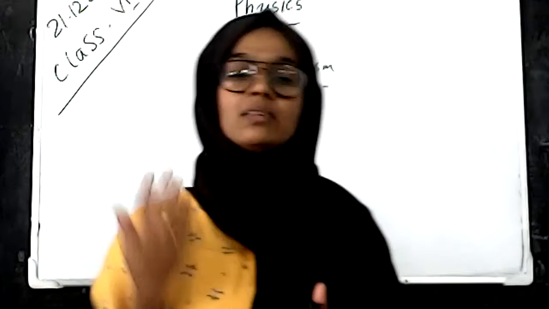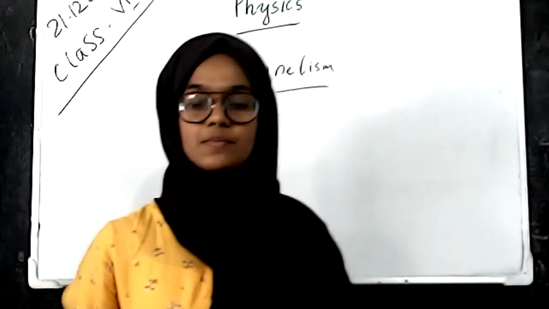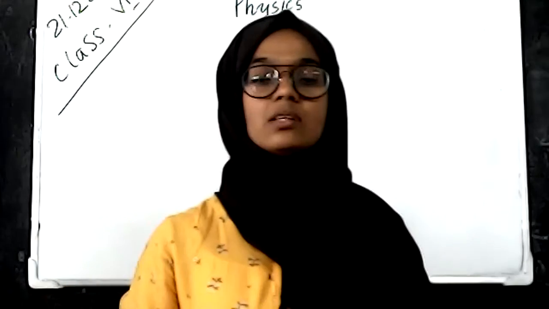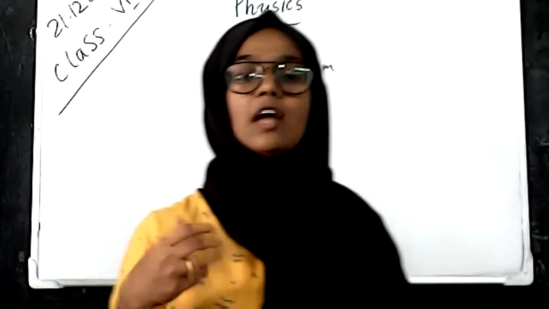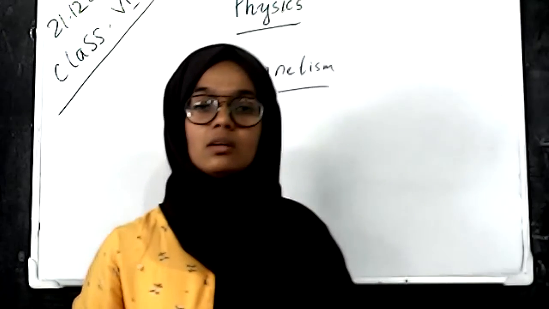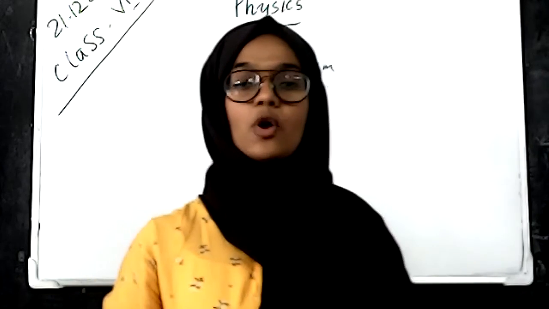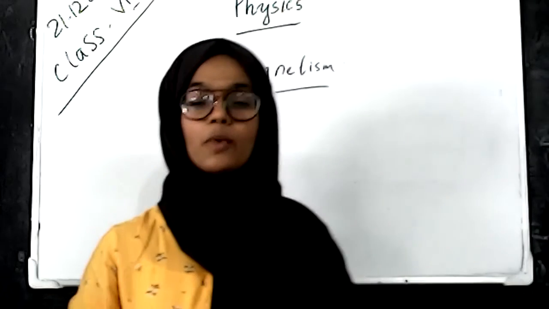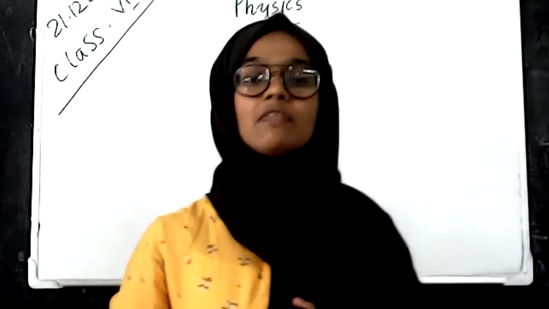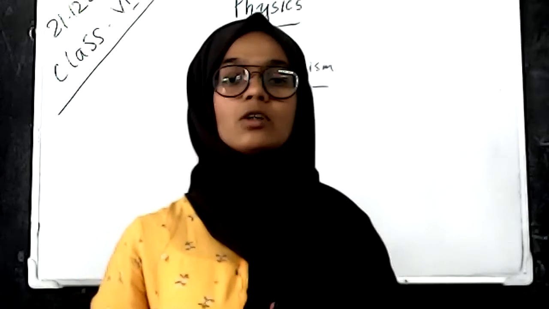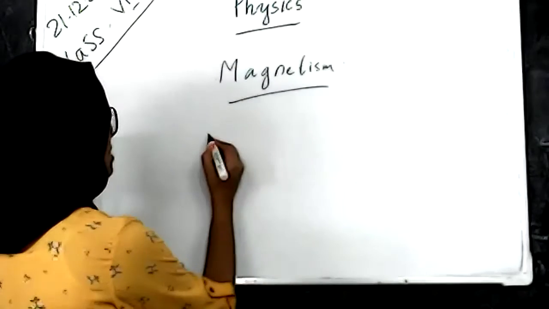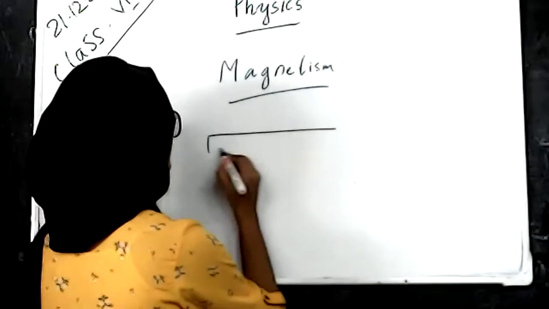Magnets have different shapes, and all shaped magnets show magnetic properties. Every tiny magnet shows the magnetic property, and every minute point of a magnet has a south pole and a north pole. So, here we are drawing a bar magnet.